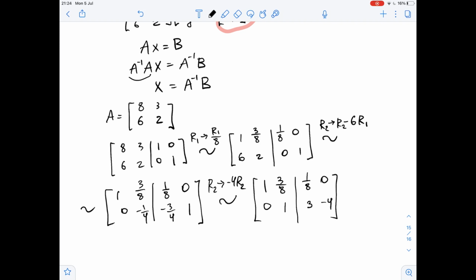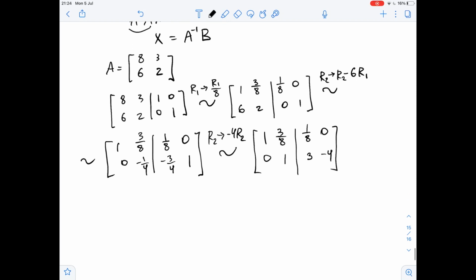And next, we subtract the second row multiplied by 3 over 8 from the first row. So row 1 becomes row 1 minus 3 over 8 times row 2.